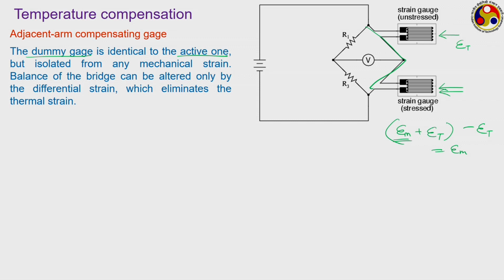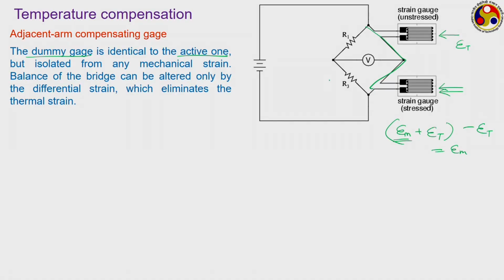However, there are several situations when it may not be possible to place this dummy gauge in an environment having the same temperature. For example, if your strain gauge is mounted on a specimen which goes through a welding process, or some kind of hot metal treatment, then it may be exposed to very high temperatures, and it is not possible to put the dummy gauge in any other situation which can sense a similar level of temperature.